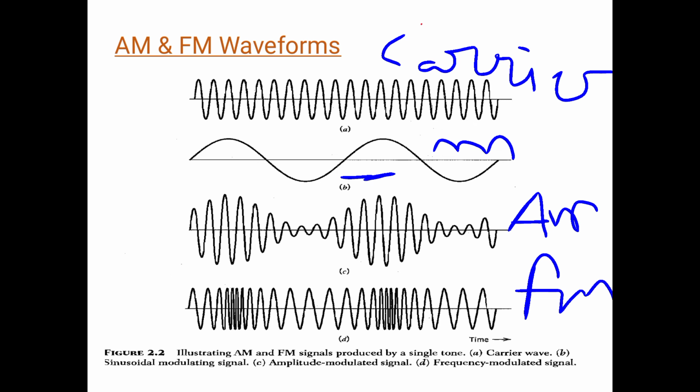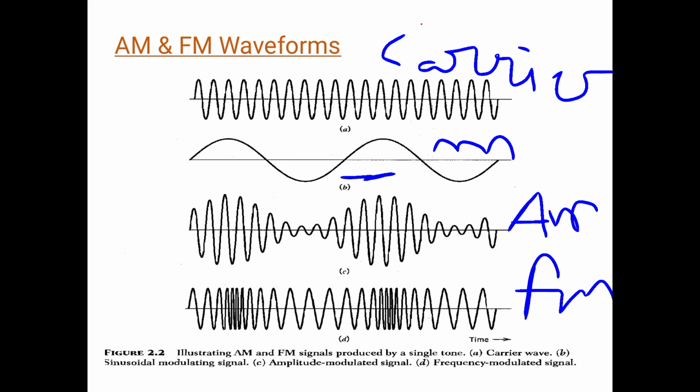Here it again starts increasing, and the modulated signal also starts increasing. The modulated signal amplitude changes in accordance with the message signal amplitude. That's why this waveform is called the amplitude modulated waveform.